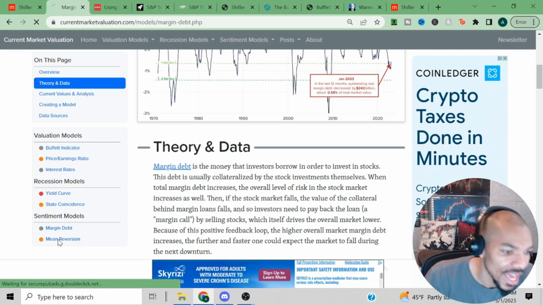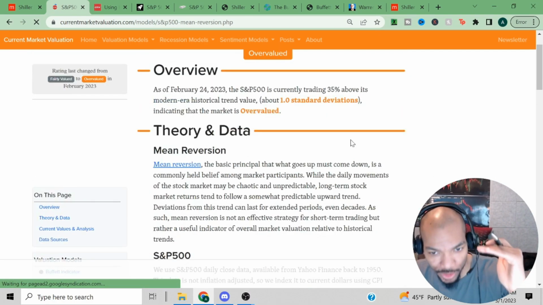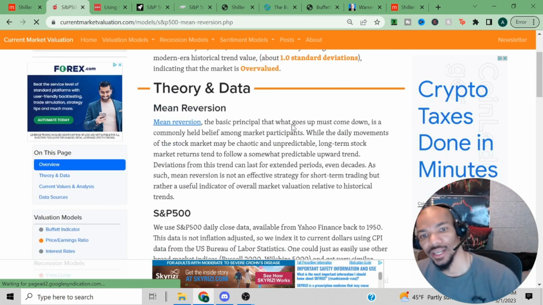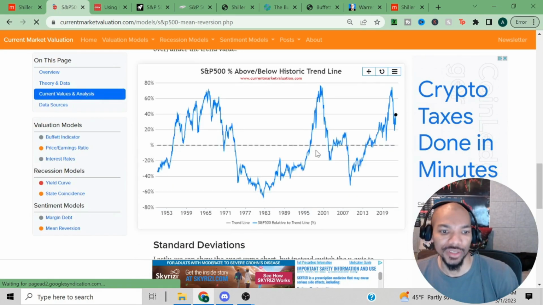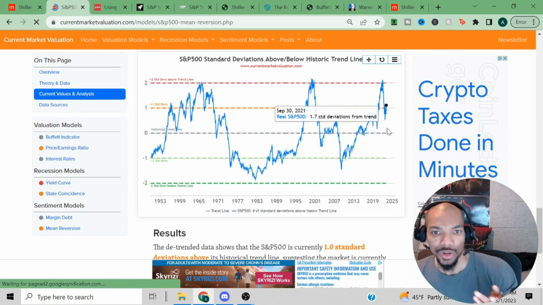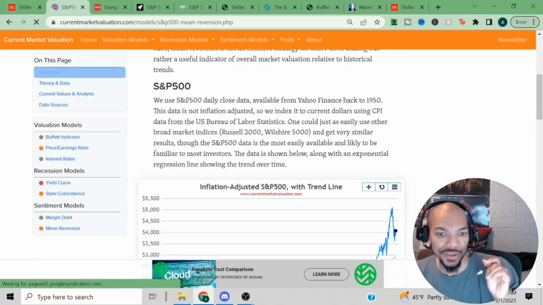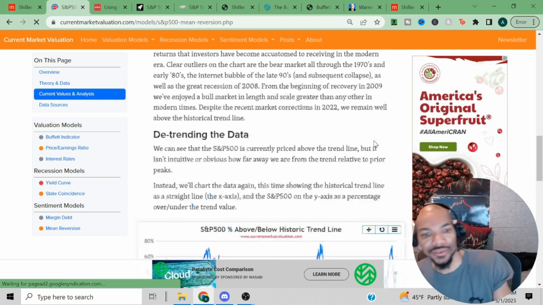And if we look at the next one, we can look at the mean reversion. The mean reversion shows, looking at the standard deviation plus or minus, where we are relative to the mean. And by the way, they have the trend line, where you can look at a linear trend line and a flat line.